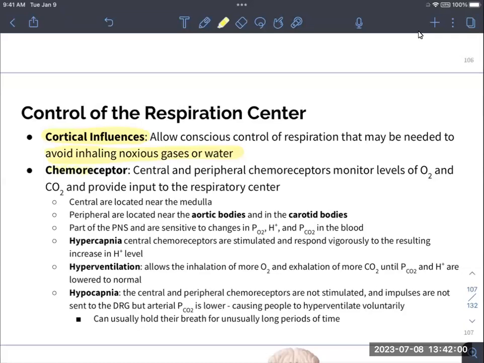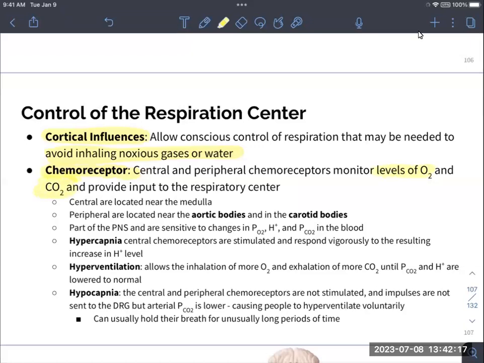We have chemoreceptors. Again, just like in the blood, we have chemoreceptors for breathing. They monitor oxygen and carbon dioxide.